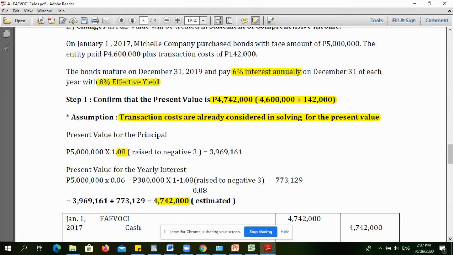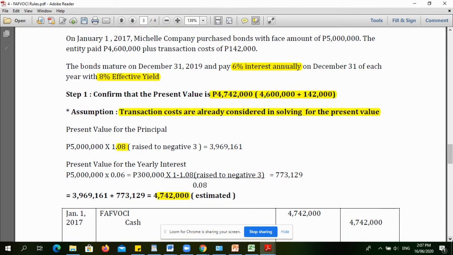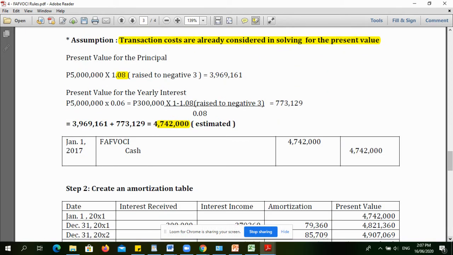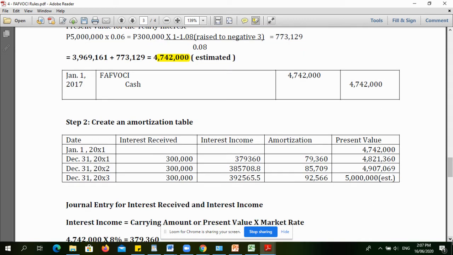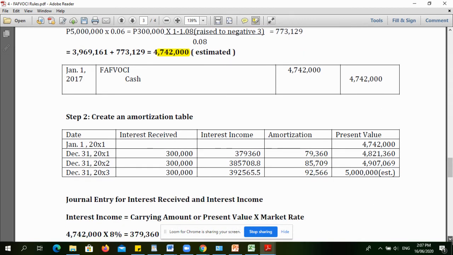So, correct na ang present value, 4,742,000. The next thing that we will do is to record the purchase. We debit FAFVOCI, we credit cash, 4,742,000.